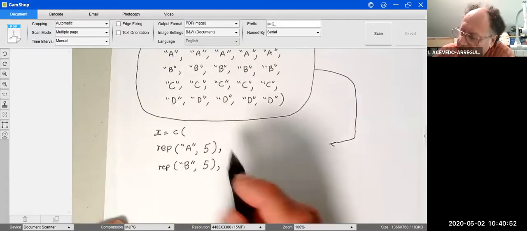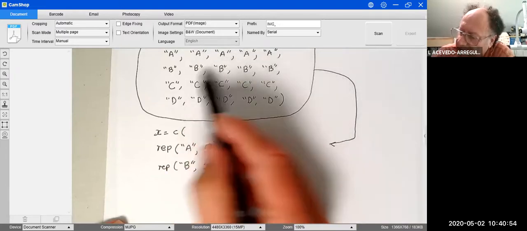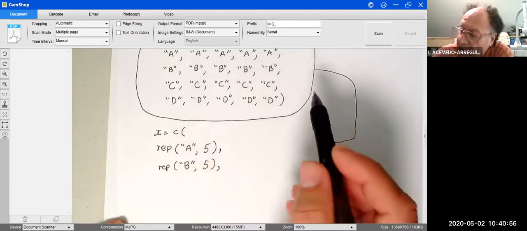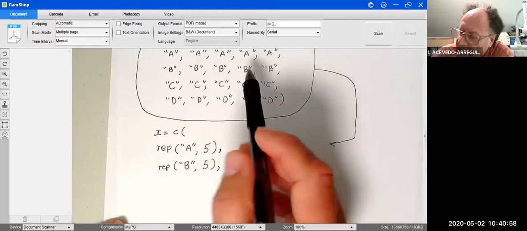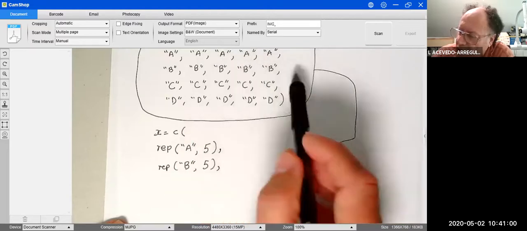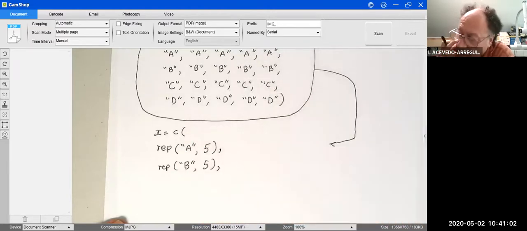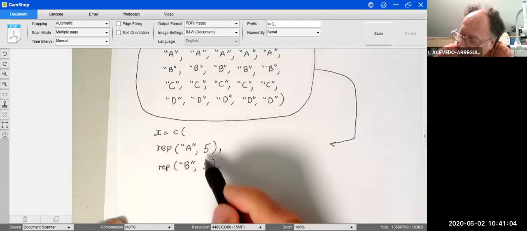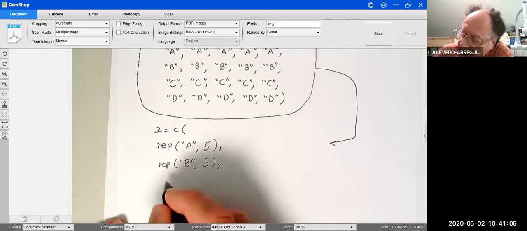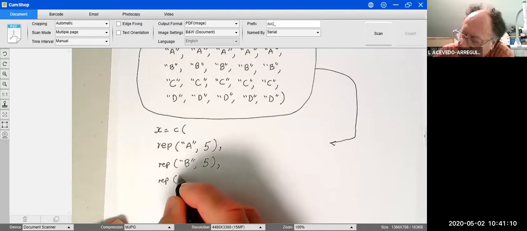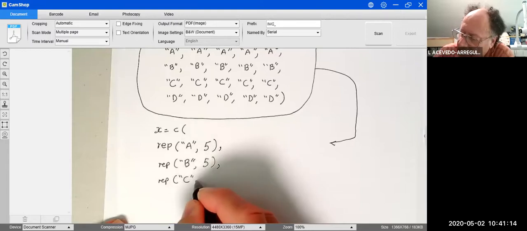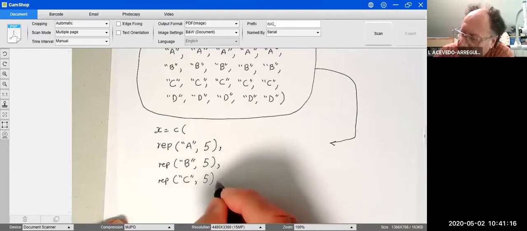And you don't have to have the same length for every sample. Remember, if you have an unbalanced design, then you're going to have groups with 3, other group with 4, another group with 20, and so on. And this is very important, the way that you enter the information. So then we have rep to repeat category C 5 times.